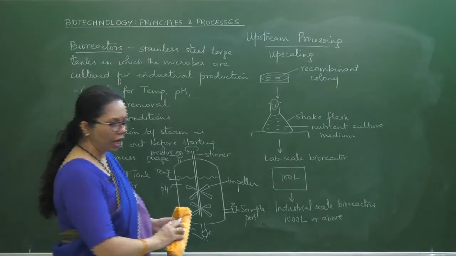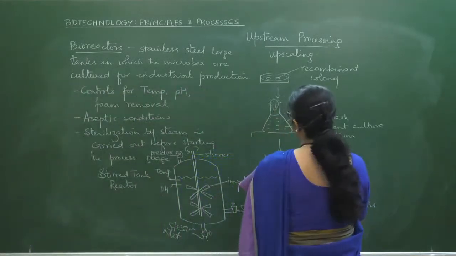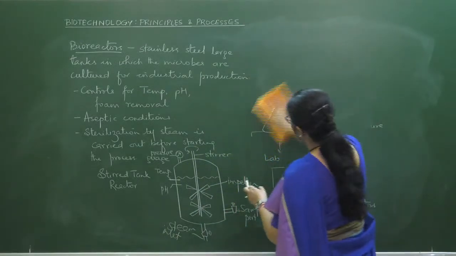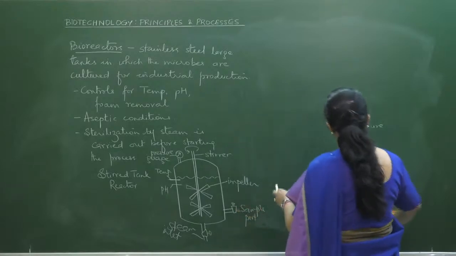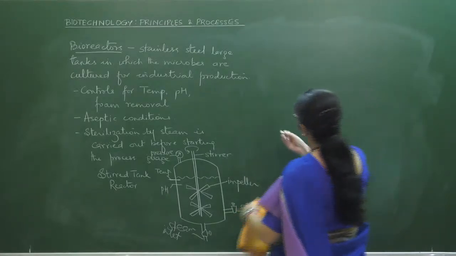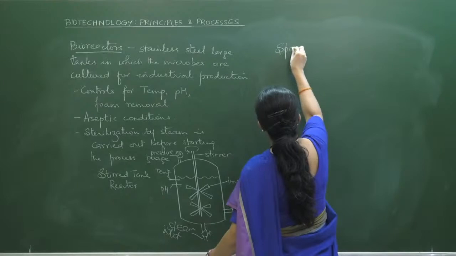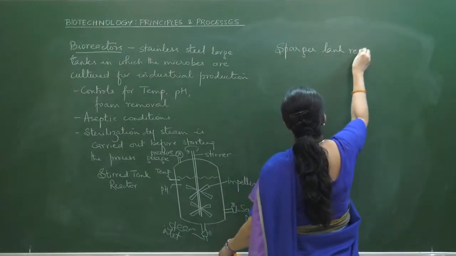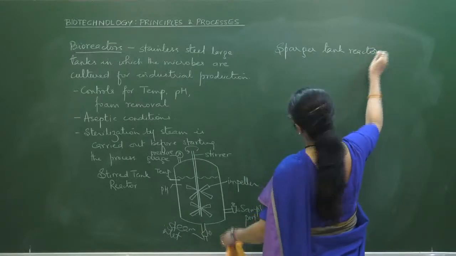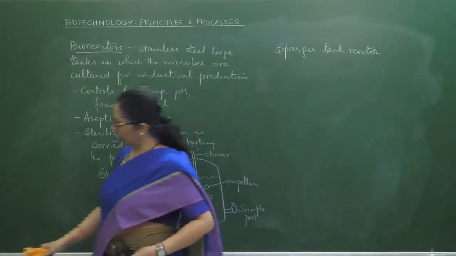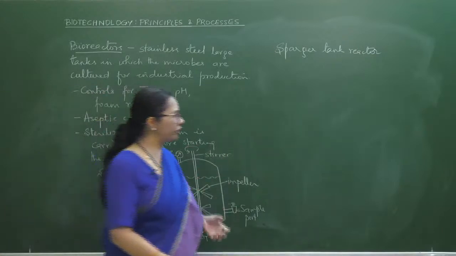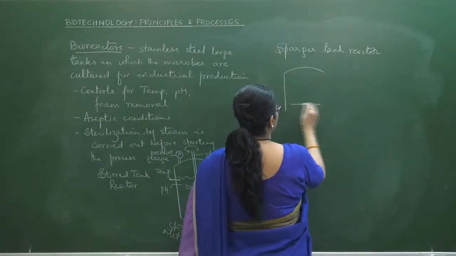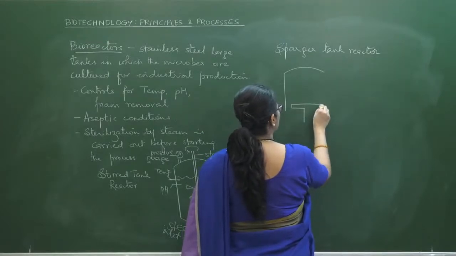So this is one, and the other one that they have given is the sparged tank reactor. Now this sparged tank reactor has just one basic difference. In this there is a sparger. So this is the sparger here.